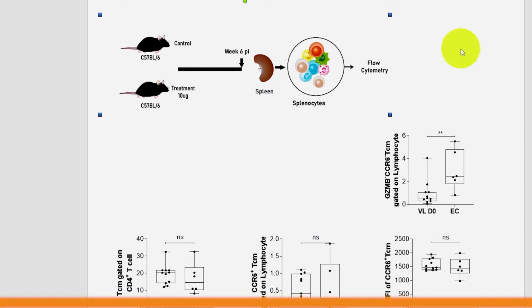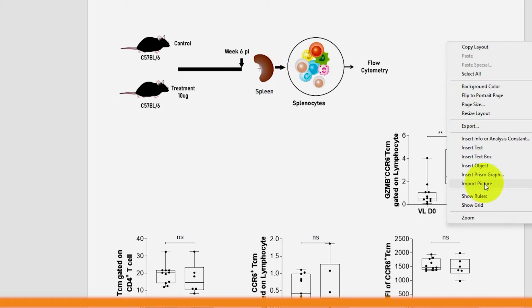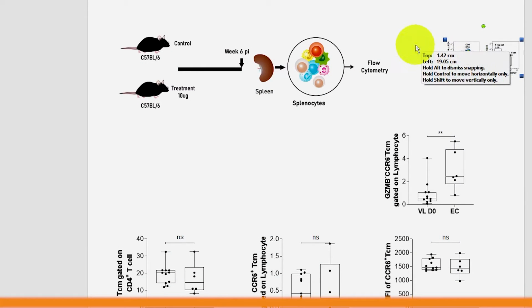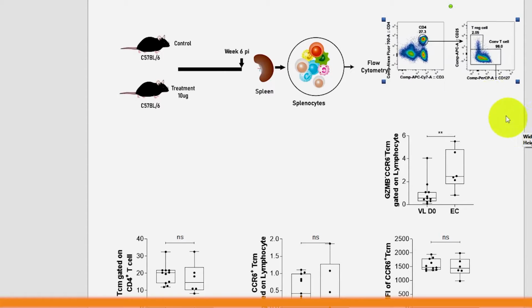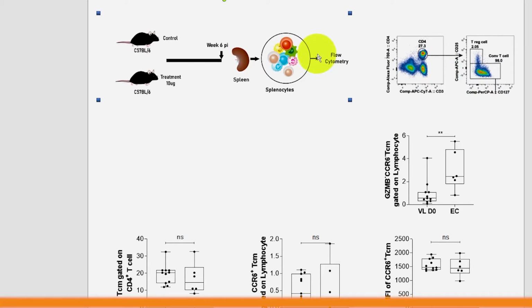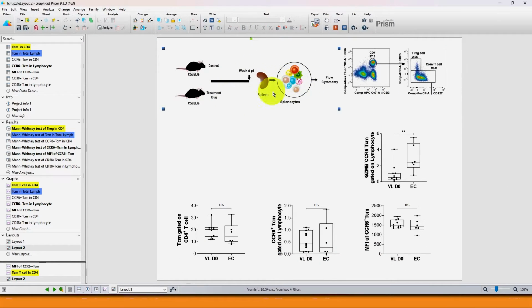And I'm going to import other file as well. For this, right click, import picture, getting strategy, and I'm going to resize this into this size first as well. And if you want to make any changes in this imported figure, just double click.